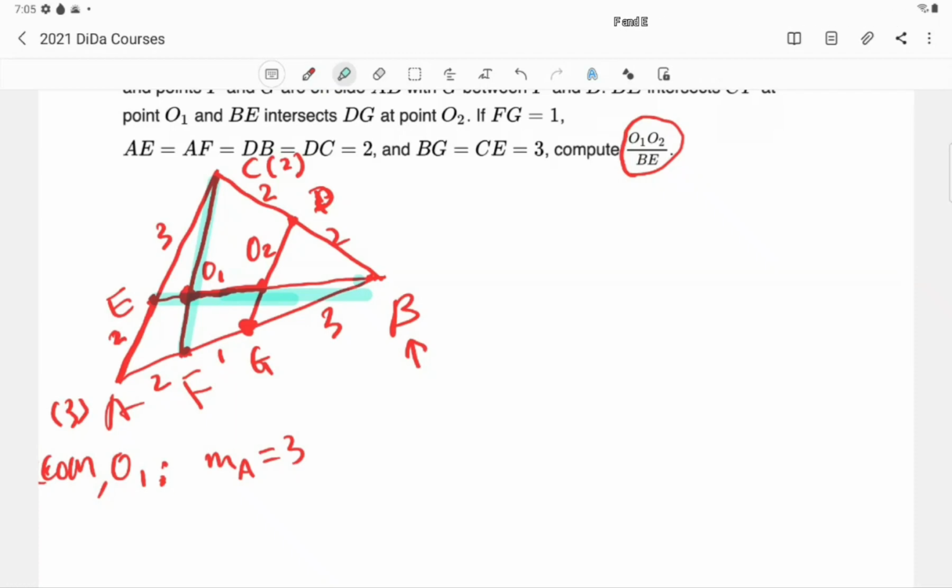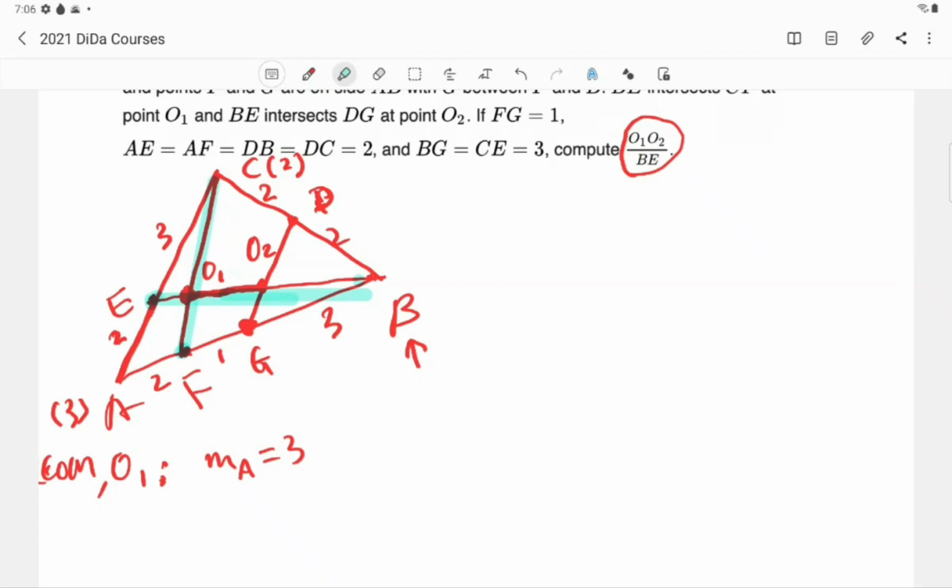Yes, you can only balance around the feet of these two Cevians, E and F, because D and G are not in the system. They are not intermediate centers of mass, because we're not making O2 the center of mass of the system.